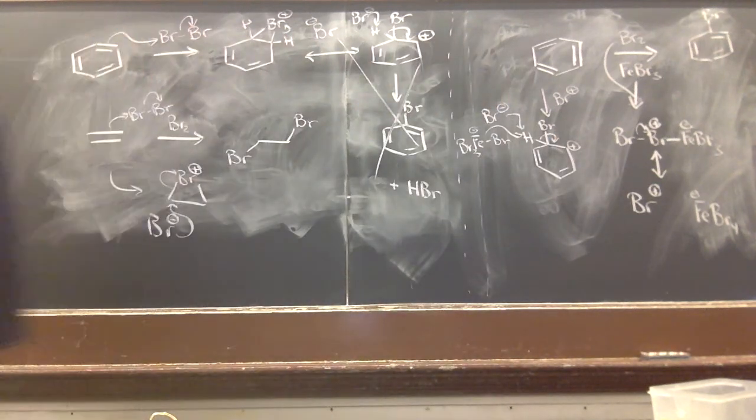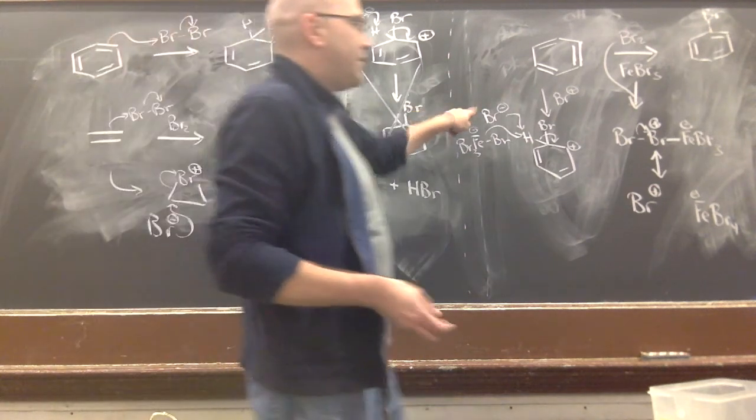Something needs to sort of eliminate that compound. So either you imagine the Br- and FeBr3 being closely associated with one another so that it reacts from the bond between the two, or you imagine the dissociated version itself.